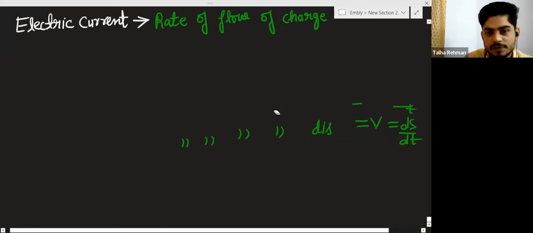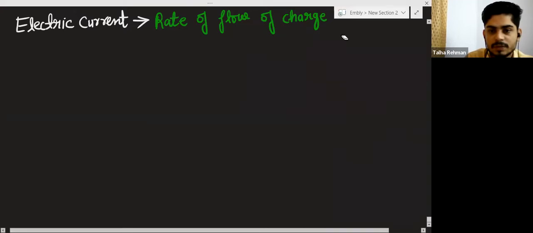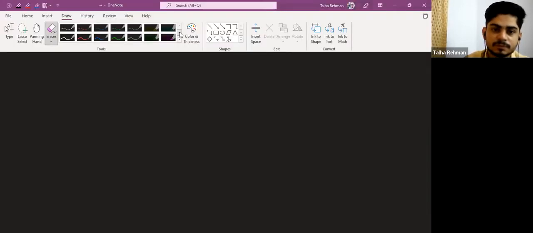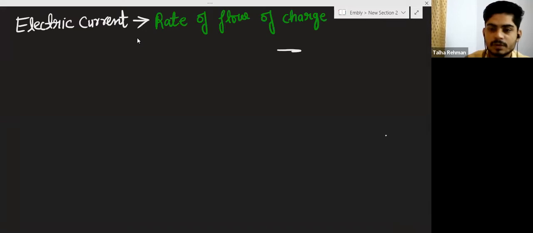So, rate of flow of charge. Current is rate of flow of charge.